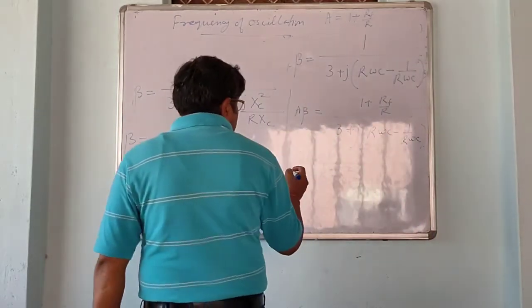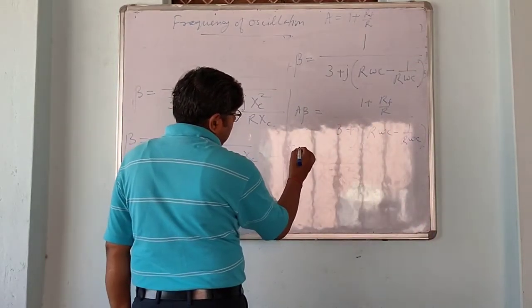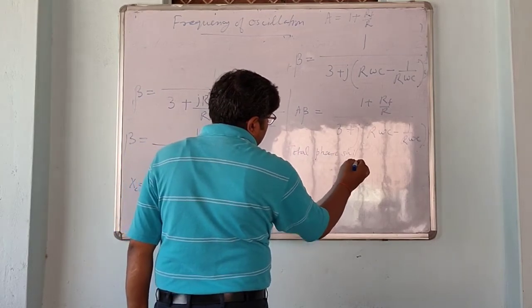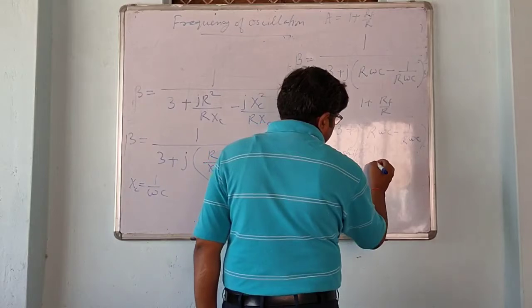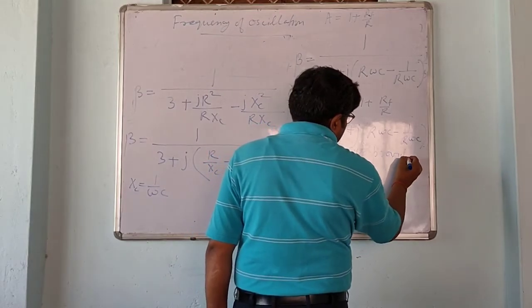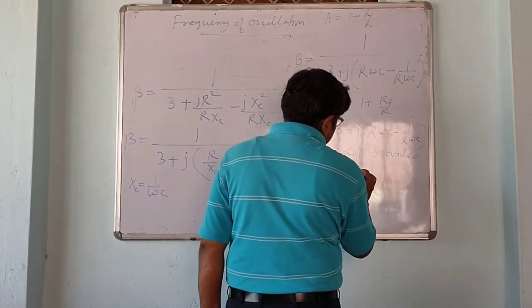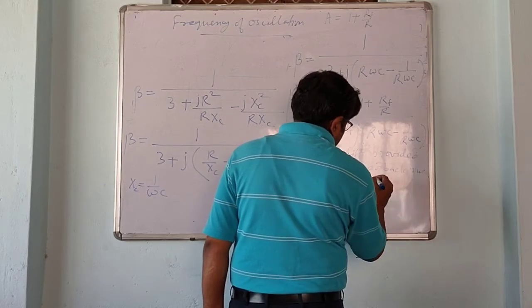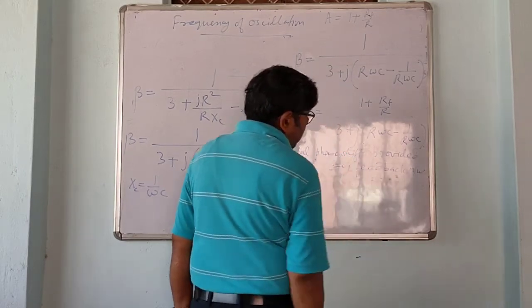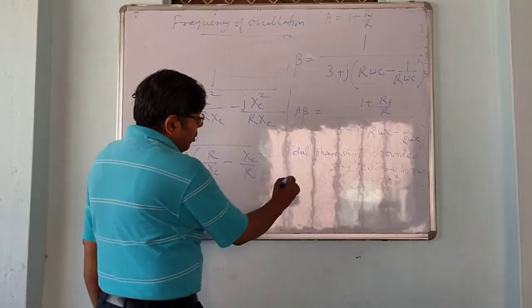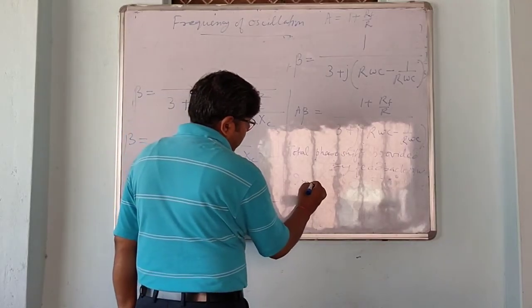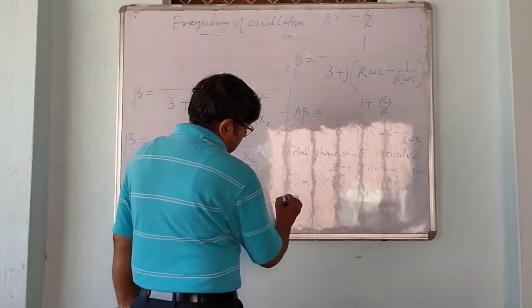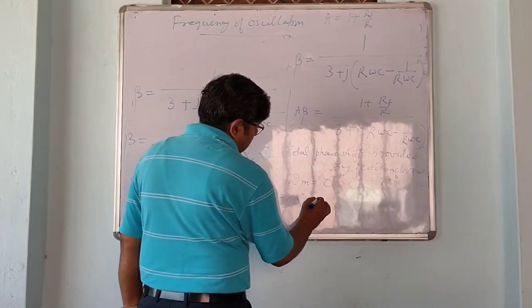So what is the condition? Total phase shift provided by feedback network must be 0. Therefore, imaginary part, this is 0. That is, this part is 0.